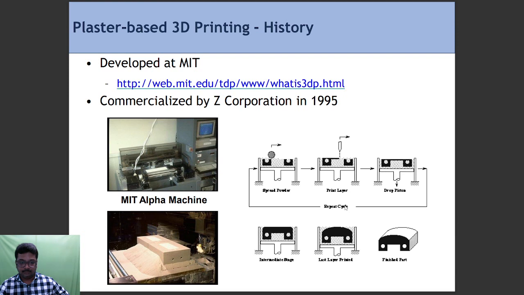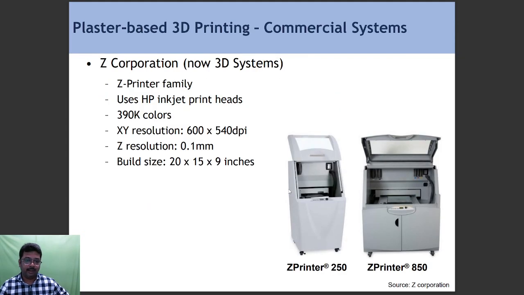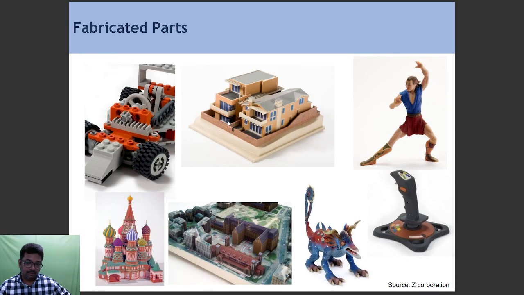It is one of the academic technologies developed at MIT, Manchester Institute of Technology, England. Then this plaster-based 3D printing technology is commercially available in different stages, as well as with different properties. So this is one of the properties, the jet printer.